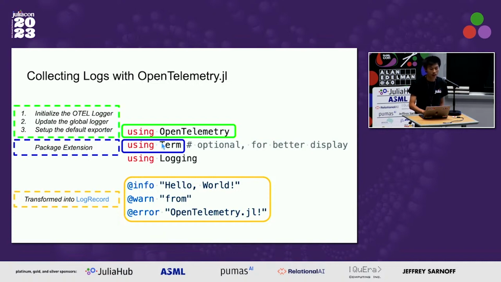The second line, we can use Term. So this line is optional. It is only for better display, and it will trigger the package extension here. And the rest is just straightforward. So you log and you will print the error message.